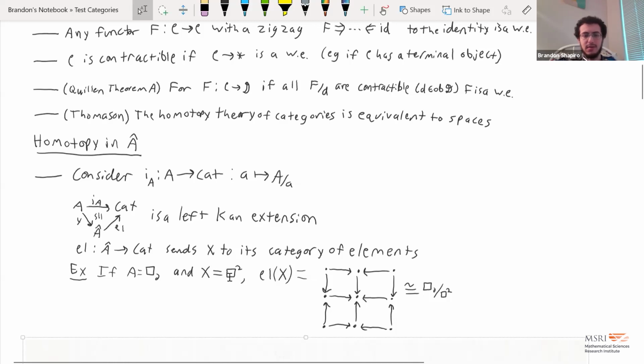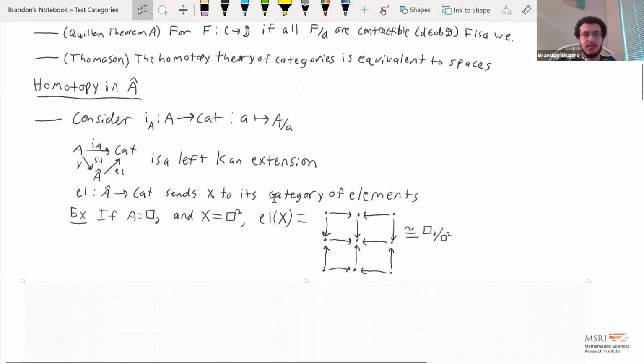And we take the 2-cube as our presheaf, then its category of elements looks like this, where the dots are the different cells, corners being vertices, the middle ones here being edges, the center one being the cube, and the arrows are face inclusions among those cells. And this category has a terminal object, this one in the middle, and is precisely the over category into the 2-cube. So all of these categories A over a are going to be contractible in the homotopy theory of spaces, which will be important.